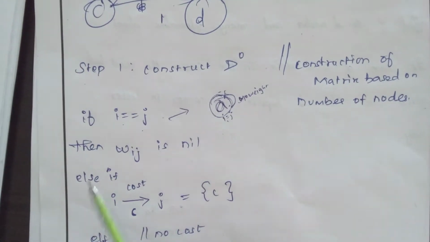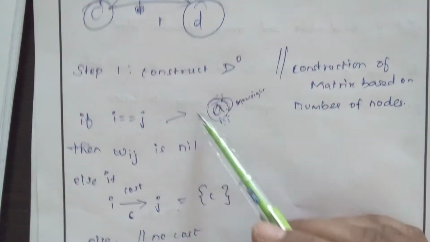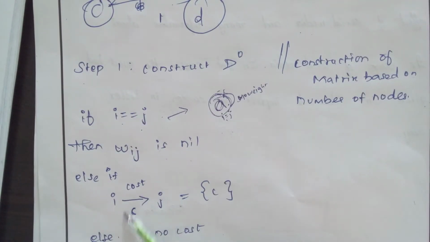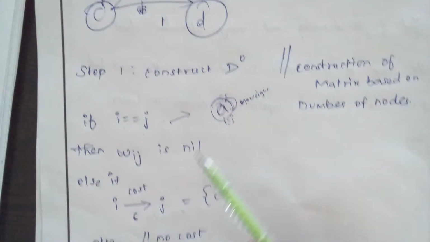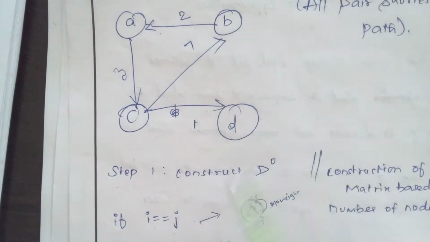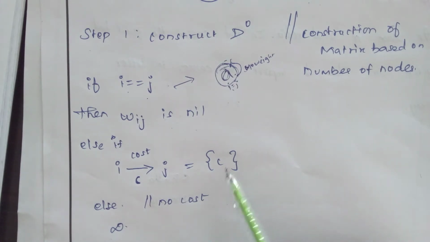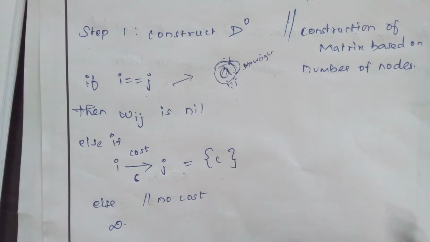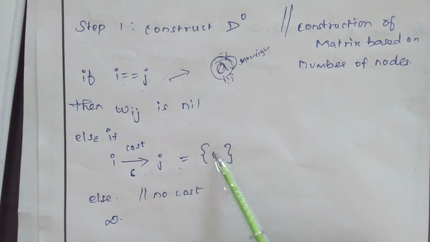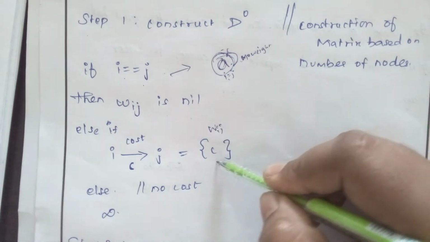Else if this condition is false: i tends to j means there is a weight, a cost. For example, C tends to D means there is a weight. In that case, we have to write the cost: Wij equals the weight value.